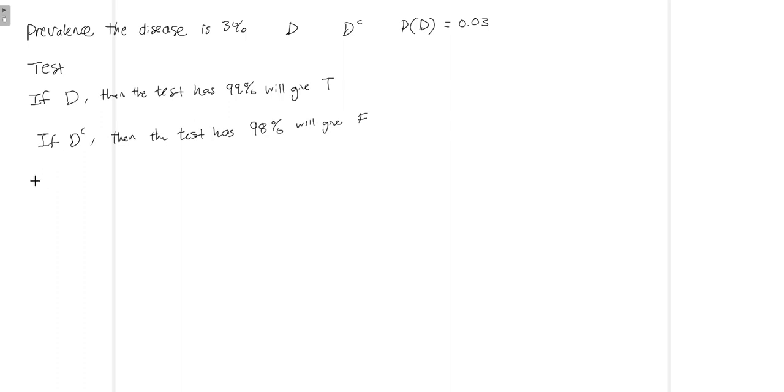The question is, if I take the test and I don't know if I have the disease, and the test gives me true, what is the probability that I actually have the disease?